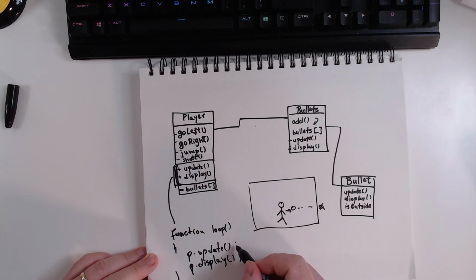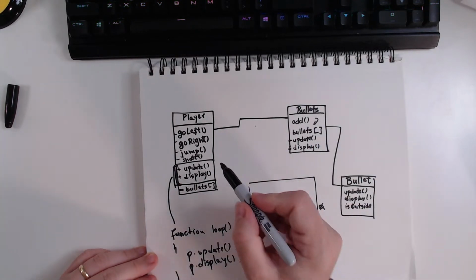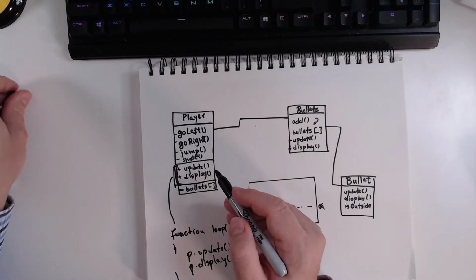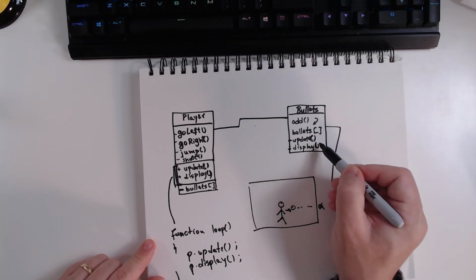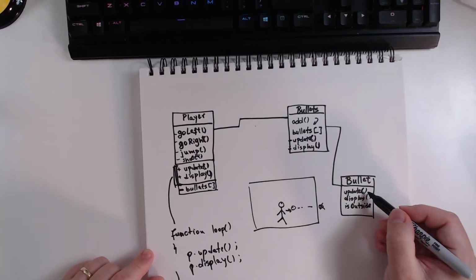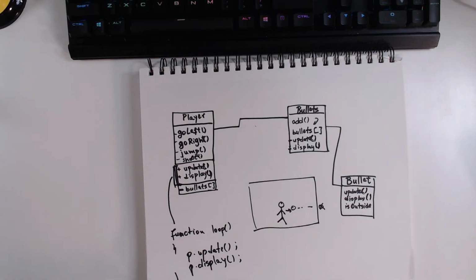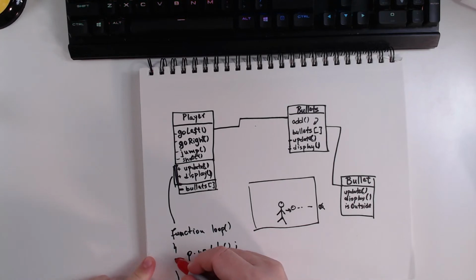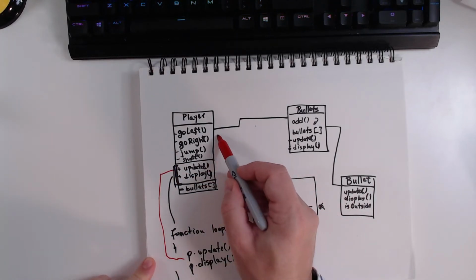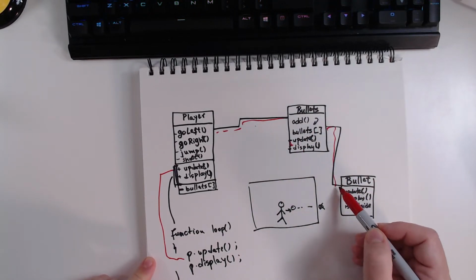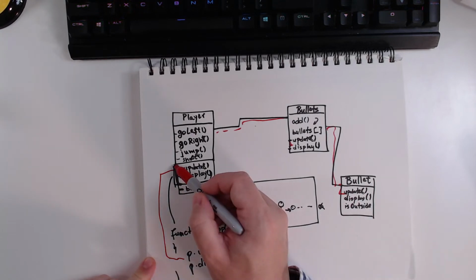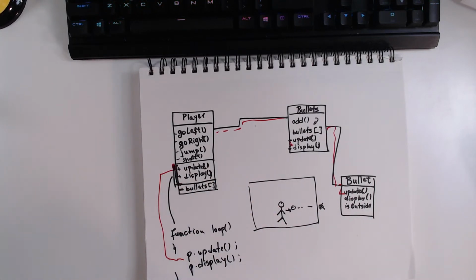We didn't even use the other objects from the outside, because inside this player update, player would also invoke the bullets update and bullets display, and for the bullets collection, for each bullet we invoke the update and display. So starting from outside, it goes via update and display here, then travels this way into update and display of this one, then into update and display of this one, and of course also into the self update and display for the particular character that we have here.